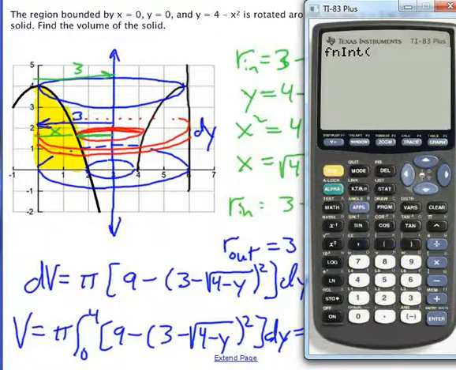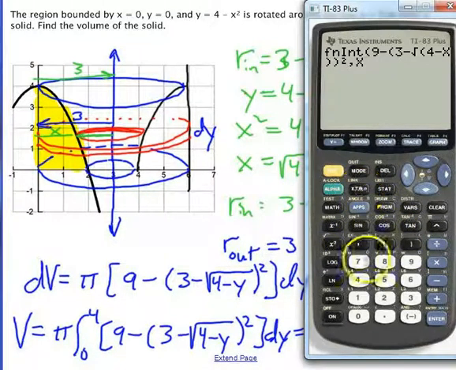Math 9. And I've got 9 minus parentheses 3 minus square root 4 minus x. Your calculator doesn't care if you use x or y, so we'll just use x since it's convenient. Squared. Wait a minute, I need another parentheses, don't I? Parentheses, now we square it.